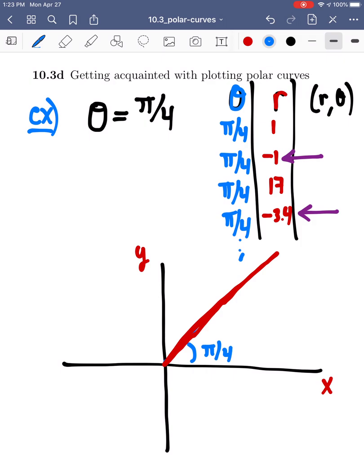So we include all of the values in quadrant 3 as well. So this pi over 4 is a line, but it extends both ways in terms of positive r and in terms of negative r values as well.